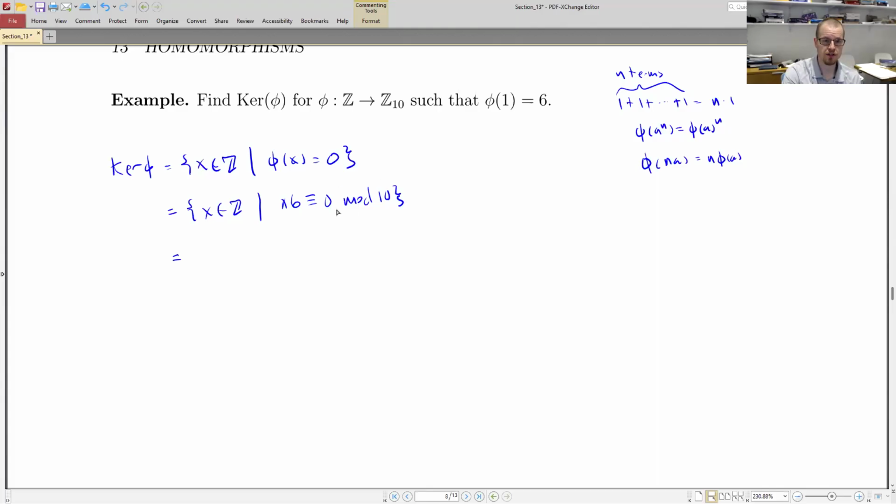But in order for it to be congruent to 0 mod 10, it has to result in a multiple of 10. So x times 6, or 6x, is equal to 10k for some integer k.